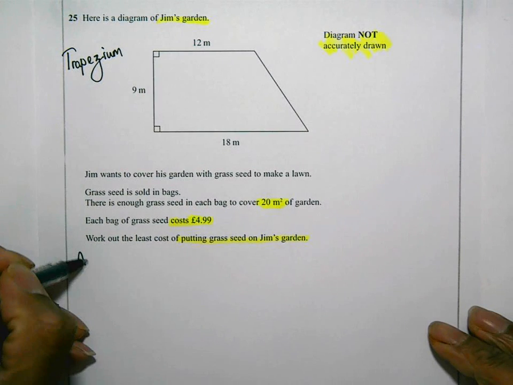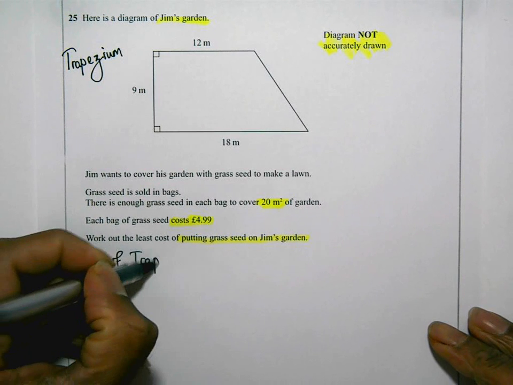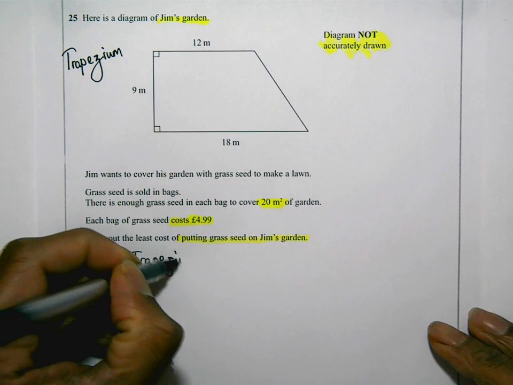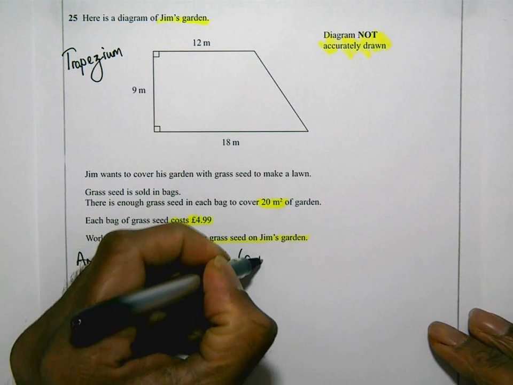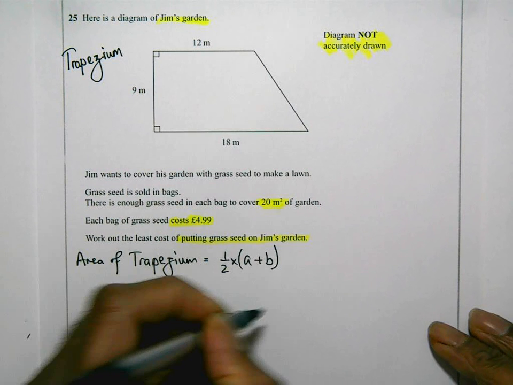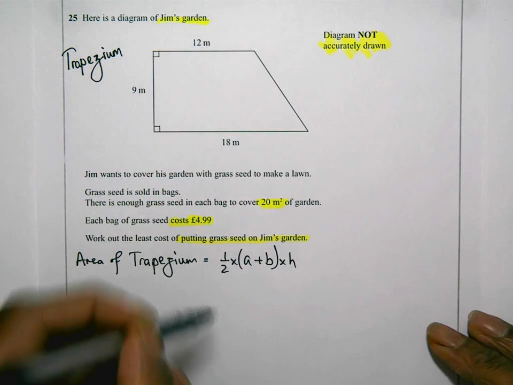Area of trapezium is equal to half times A plus B, times H. In this case, I'm going to plug the numbers in.